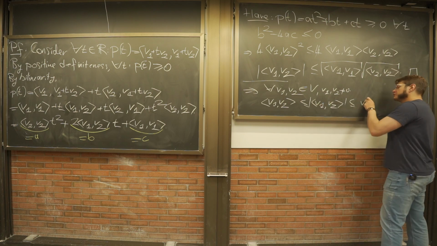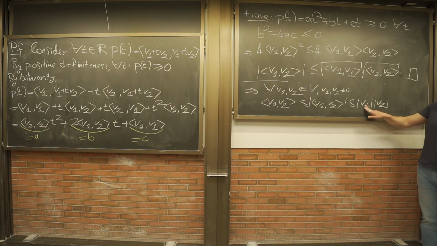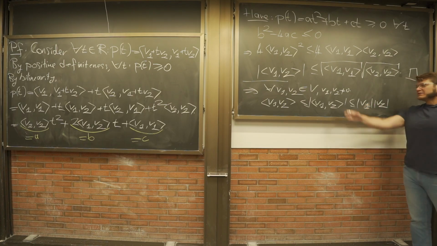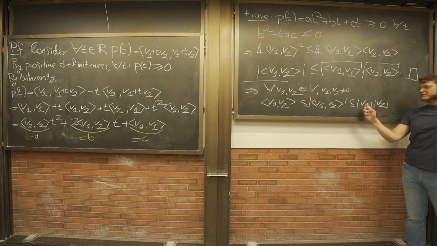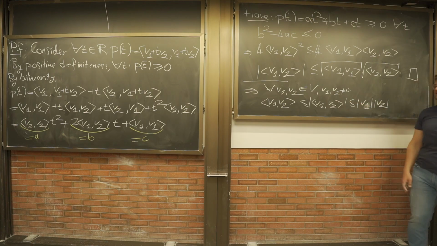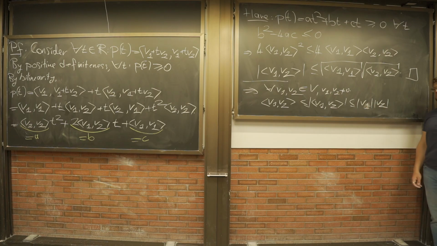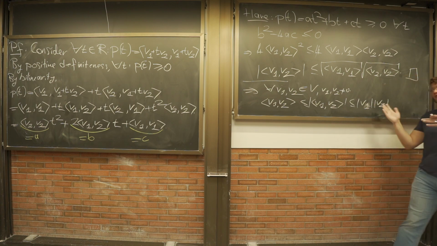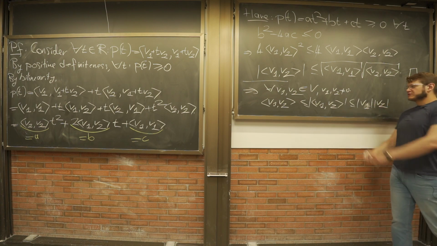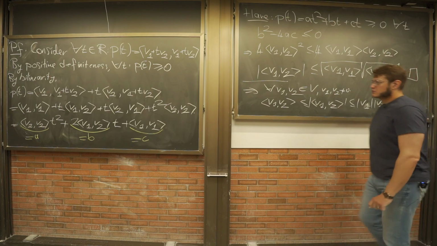But then by the Cauchy-Bunyakovsky, I have this. And by my assumption that v1 and v2 are non-zero vectors, neither this nor this is a zero number, which means that I can take them to the other side as a division to look at the ratio. v1 against v2 divided by v1 norm times v2 norm. That's a number that is between -1 and 1.